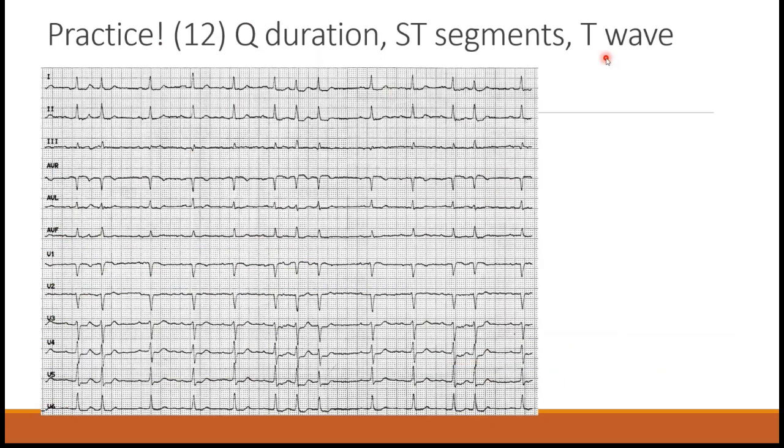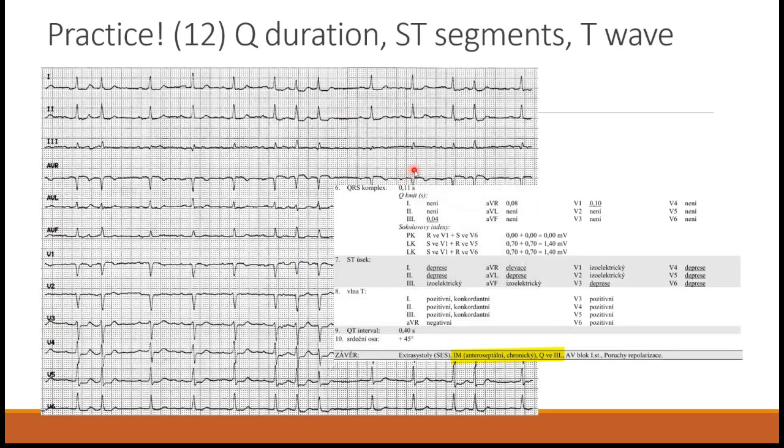Okay, so over here, you can see. I hope you realize that the Q waves in lead 3 were a little bit prolonged. It's not very obvious here, but you can see that possibly here, definitely here, maybe here, not so clear here, but it is visible here, here, and here again.